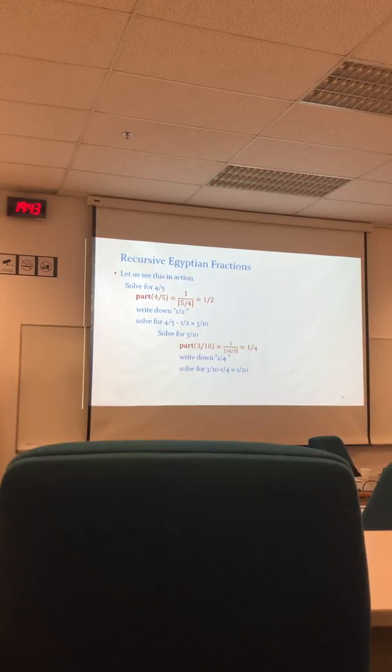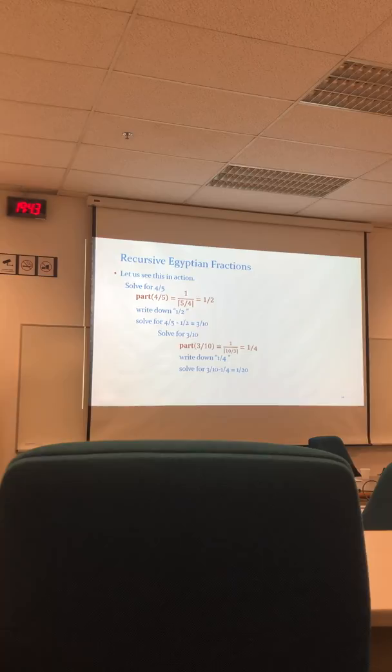Part 3 upon 10 means 1 upon the ceiling of 10 upon 3. So that is 1 upon 4. That means now we find another fraction in the form of 1 upon n. That's 1 upon 4. So this is the second term of our Egyptian fraction. Okay?